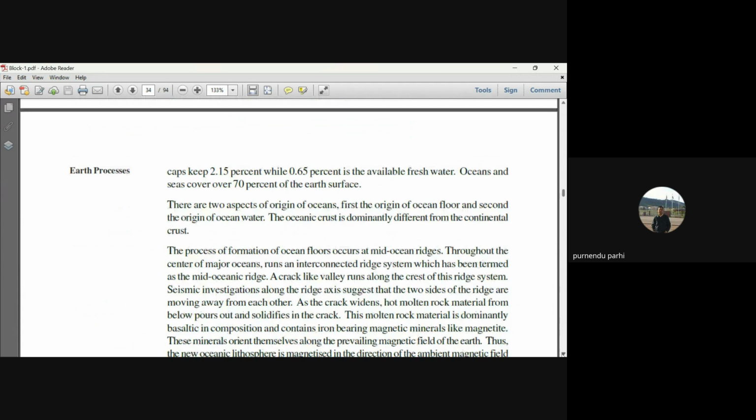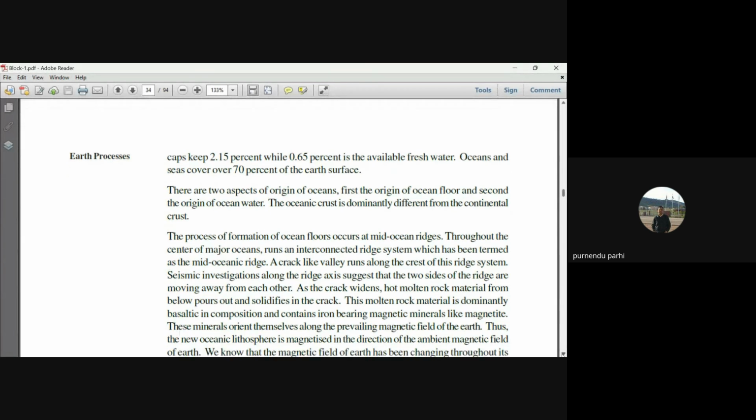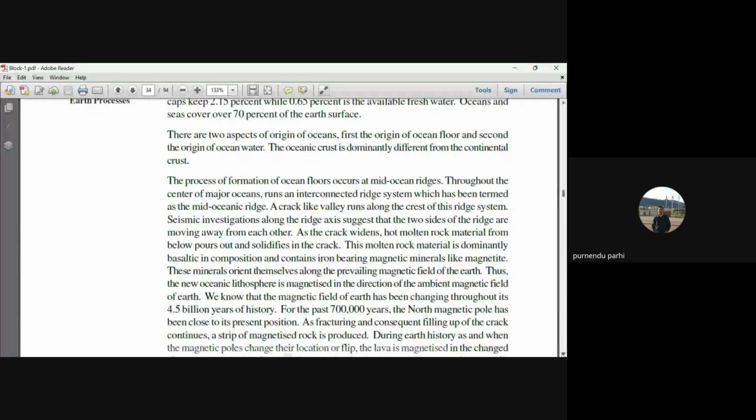There are two aspects of the origin of oceans. First, the origin of the ocean floor, and second, the origin of ocean water. The oceanic crust is dominantly different from the continental crust. The process of formation of the oceanic floor occurs at mid-oceanic ridges. Throughout the center of the major oceans runs an interconnected ridge system which has been termed the mid-oceanic ridge.